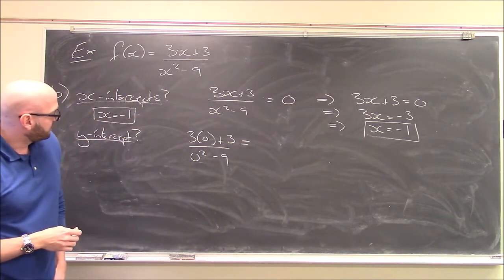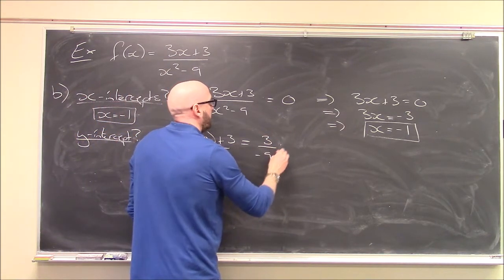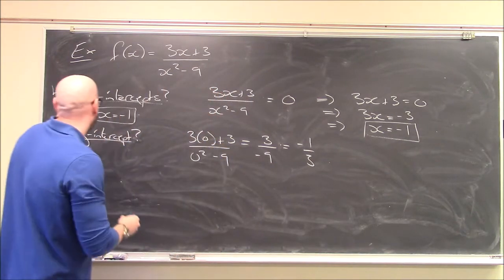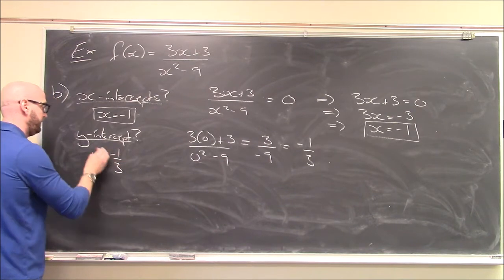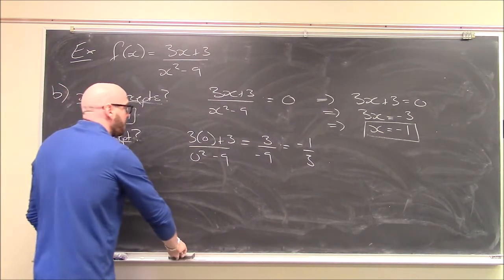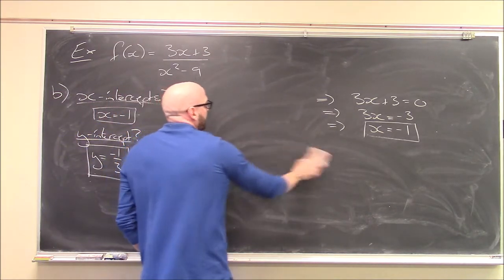That's 3 over minus 9, which of course simplifies to negative 1/3. So our y-intercept here is y equals minus 1/3. Awesome. So there's part B, finding the x and y-intercepts.